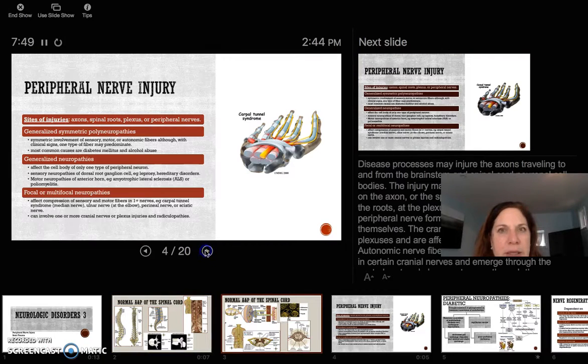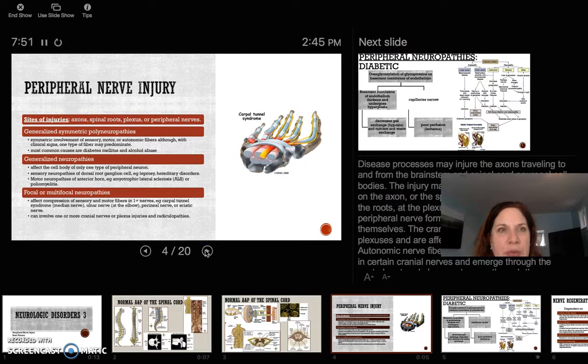And then talking about peripheral nerve injuries, so that can be an injury to the axon, spinal cord, plexus, or peripheral nerves. The most common causes of peripheral nerve injuries are diabetes and alcohol abuse. And so we can either have a generalized neuropathy that affects the cell body, but one type of peripheral neuron.